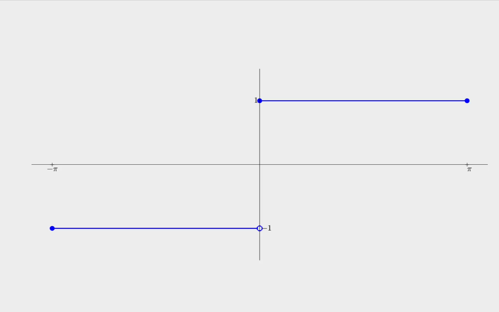Let's actually revisit the Fourier series for this function. So here's our function. It's negative 1 to the left and it's 1 to the right. We use this as an example to analyze our pointwise convergence theorem.